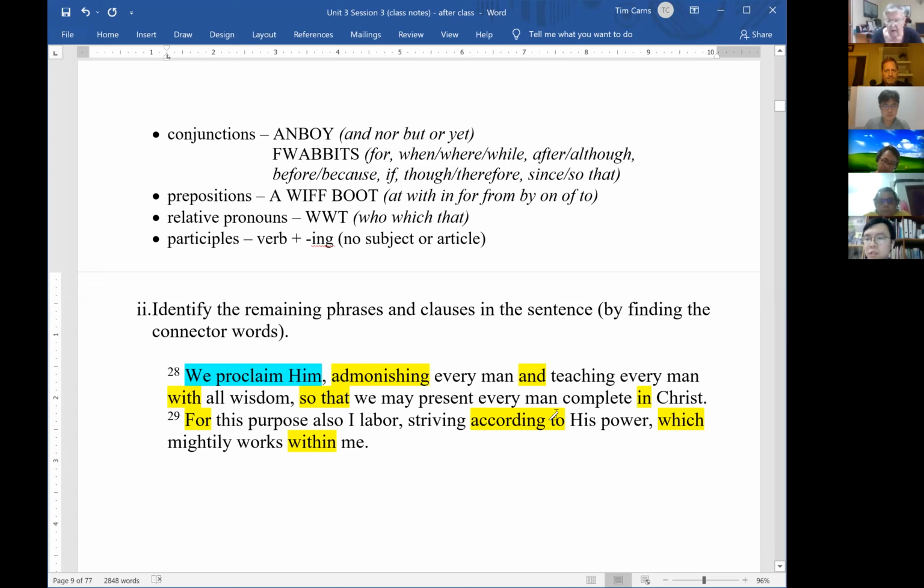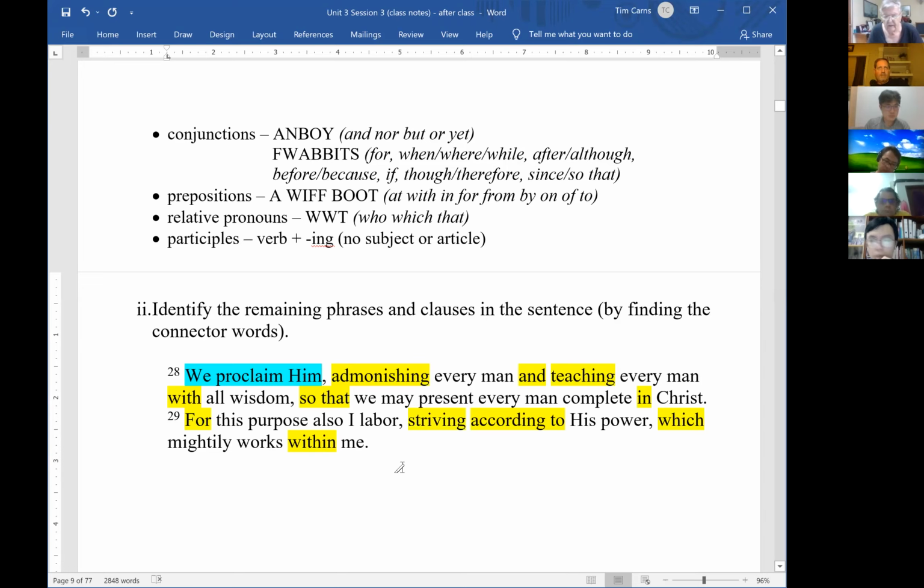Any others? Well, teaching has an ing. Yes, that'd be the same, that'd be a participle. There you go. Every man, every man. And I see one more in verse 29: striving. Yes. According, there's ing there.